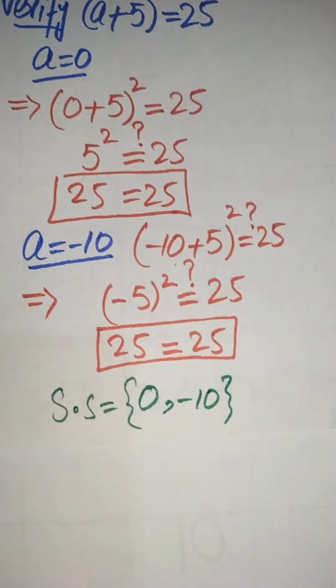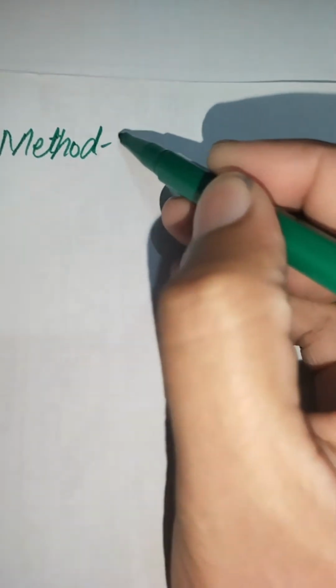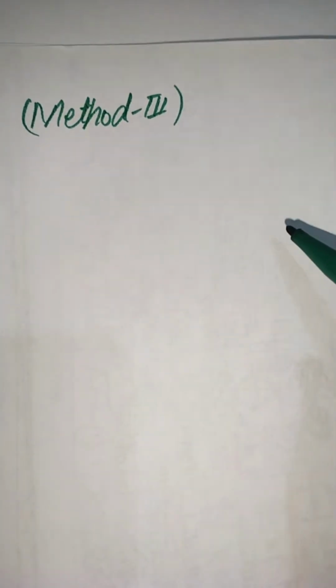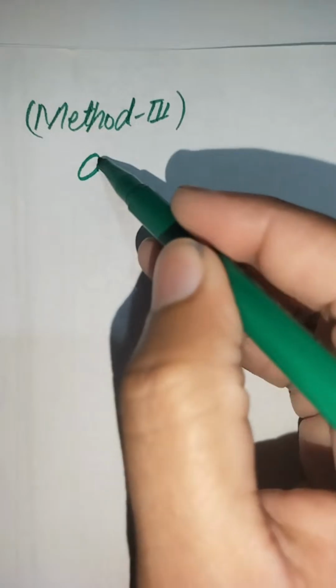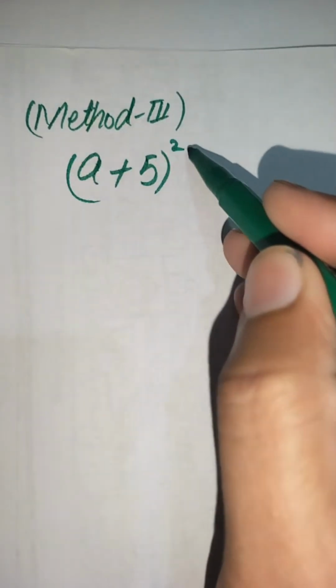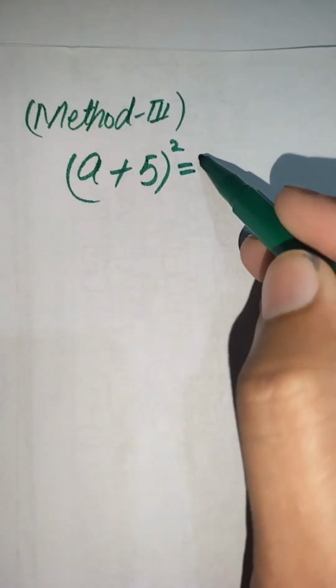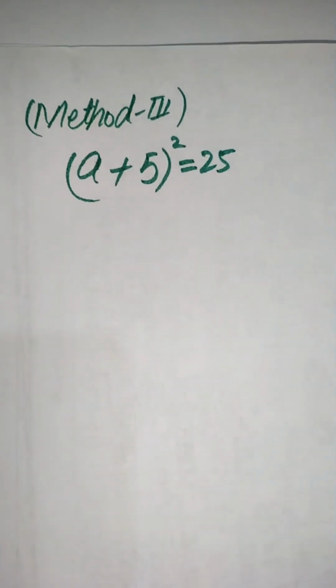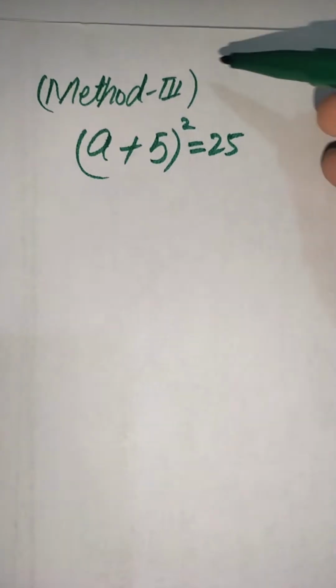And now we move towards our third method. Here in the third method, we need to copy down the given question statement, which is (a plus 5) whole square equals 25.